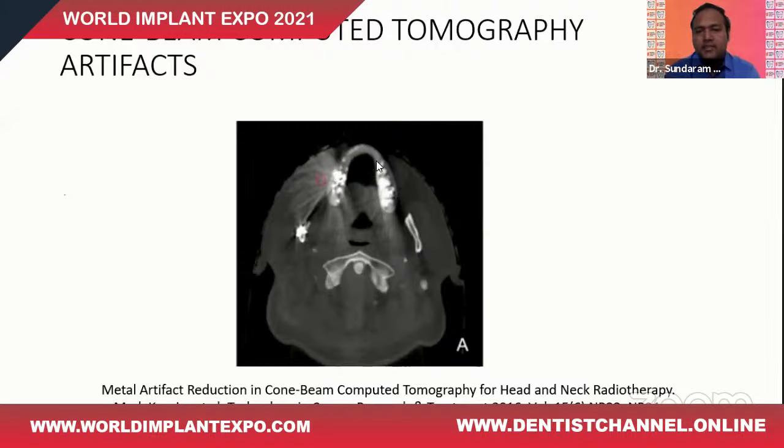These are scattering images that you can see because of the heavy metals being used. The more noble the metal, the less scattering, or almost nil scattering, happens in CBCT. For instance, the titanium used in implants doesn't scatter much, almost nil.